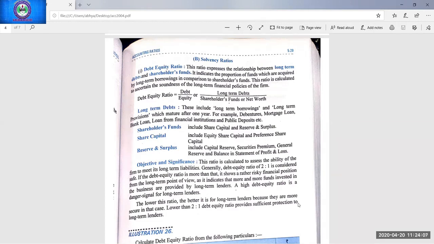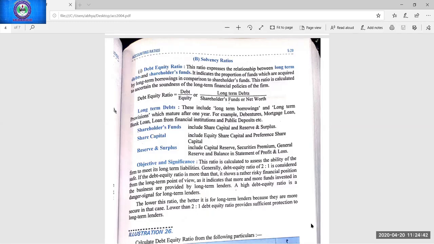First part is write down debt to equity ratio or debt equity ratio. Second part, write down total assets to debt ratio. Third, proprietary ratio.